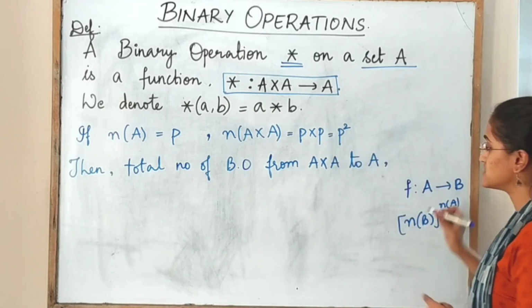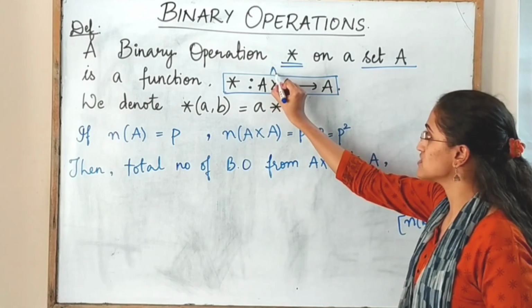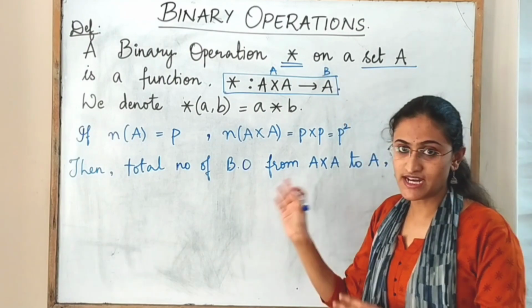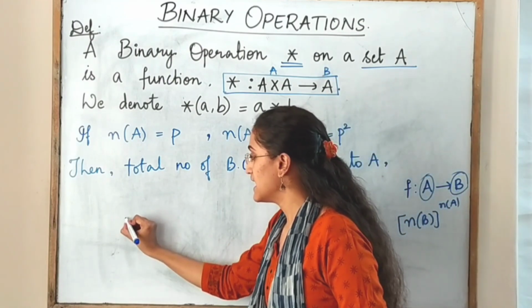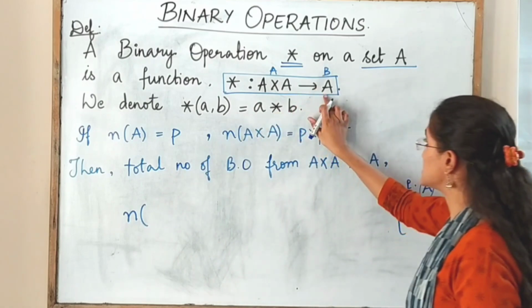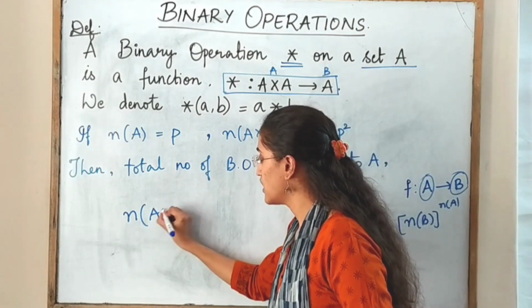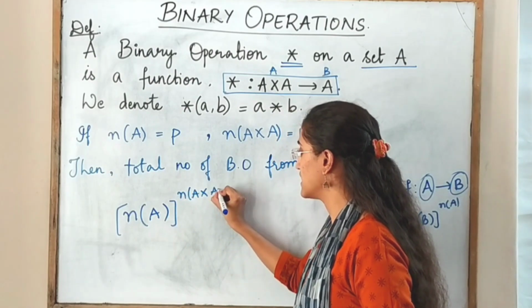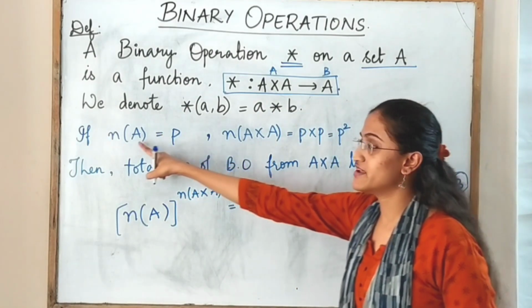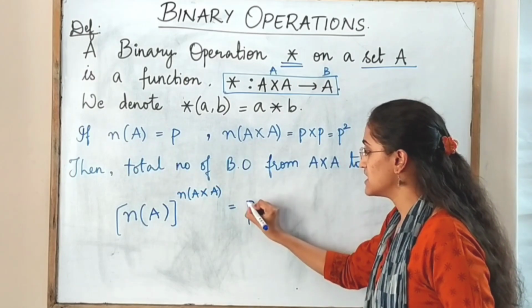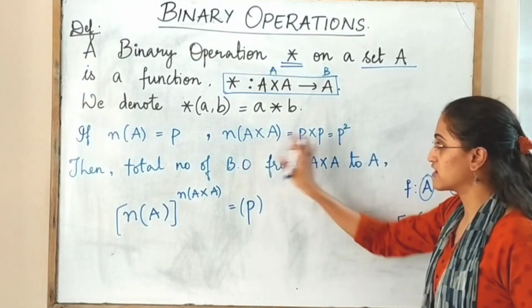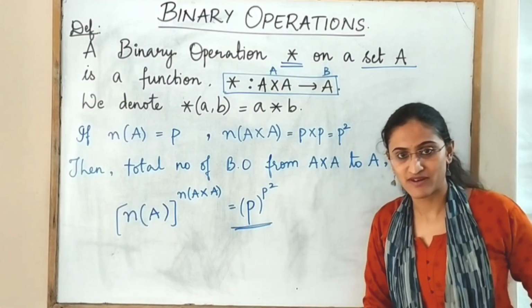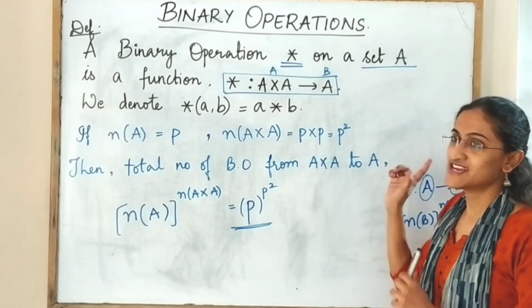Now here you may observe that in the place of A you have A cross A, and in the place of B you have A. Therefore the total number of binary operations is the number of elements in the second set, that is A, to the power of the number of elements in A cross A. The number of elements in A is P, and the number of elements in A cross A is P square. So P to the power of P square is the total number of binary operations from A cross A to the set A.